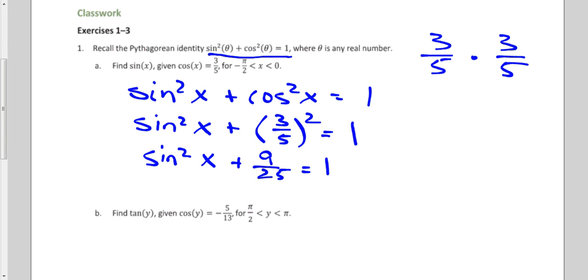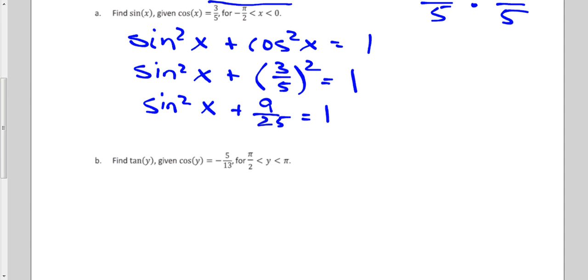What you got, Brooke? Yeah, let's get rid of the 9/25 from both sides. So now, I subtract 9/25 from both sides. This guy goes away. I'm left with sine squared x over here, right? What am I left with over here?